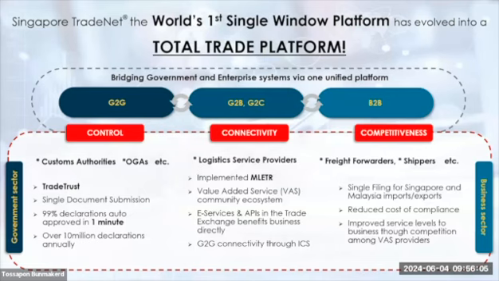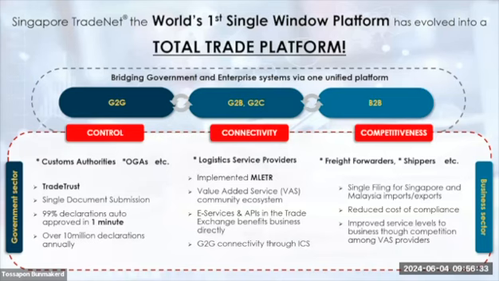Some of the key initiatives, like Trade Trust, were implemented in TradeNet. It is based on the WCO SAFE framework, and we've been able to create a very compliant community by implementing the Trade Trust. Which means the cost of business as well as the clearance time for the businesses comes down drastically.